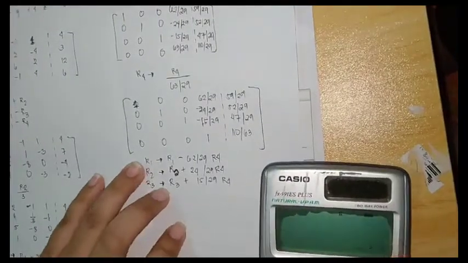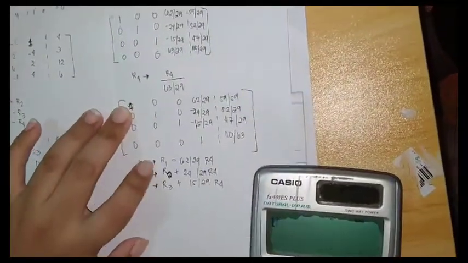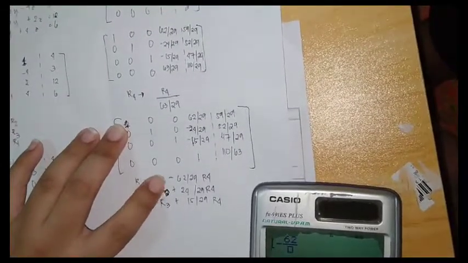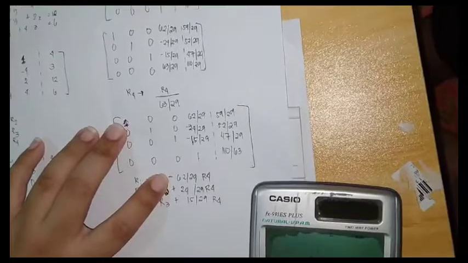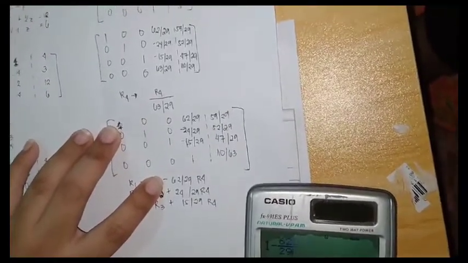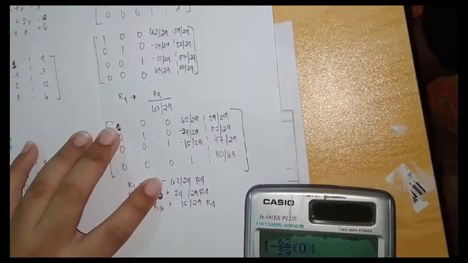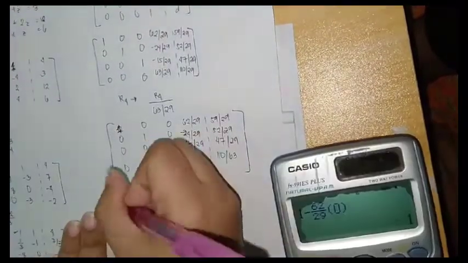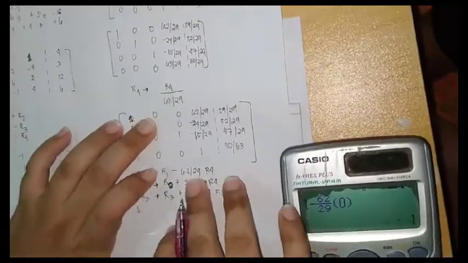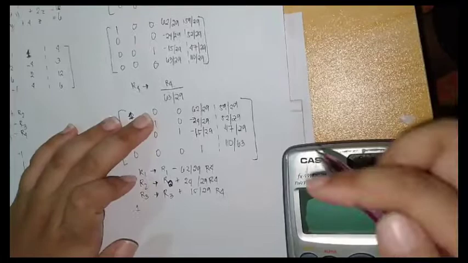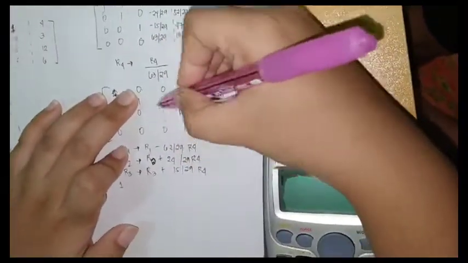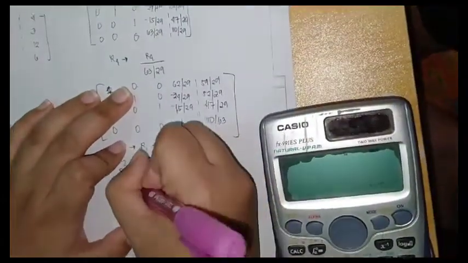So for R1 here, 1 minus 62 over 29 times 0, we have... no, what happened? Multiplied by 0, we have 1. So we have 1 here. So 0 minus 62 over 29 times R4, 0, still 0.